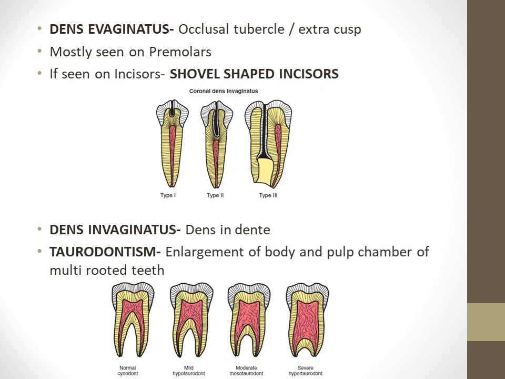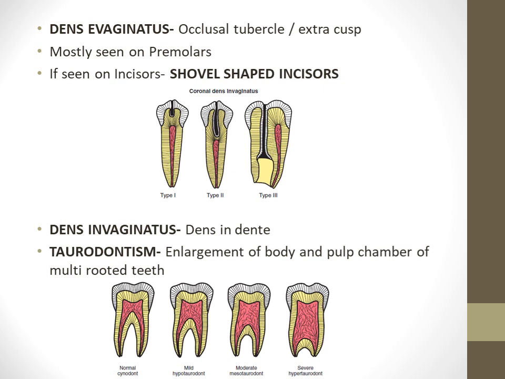This is another important MCQ that you get in exams. And dens invaginatus means an invagination is found in a tooth, which means tooth within a tooth, or dens in dente. This picture shows exactly the invagination. This is at the coronal level, this goes till the root, and this goes till almost 3/4 of the root.